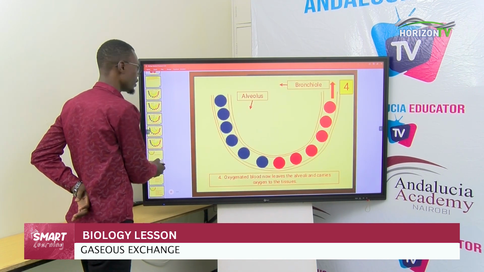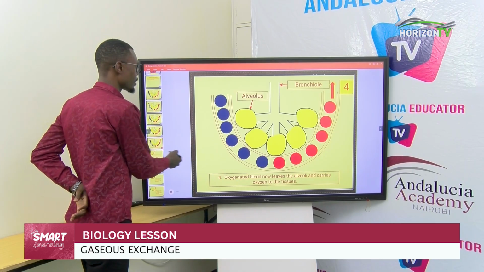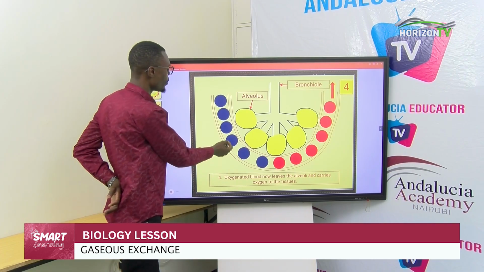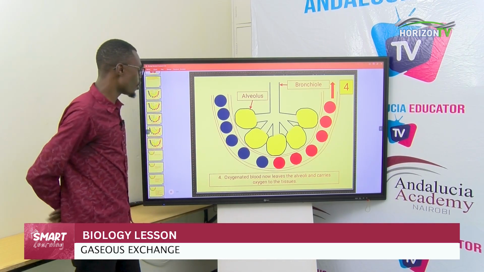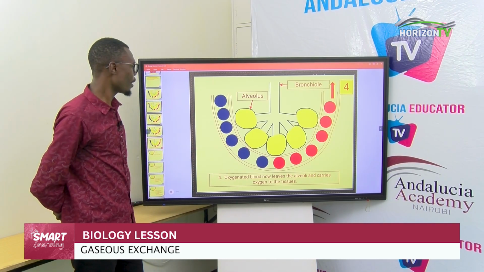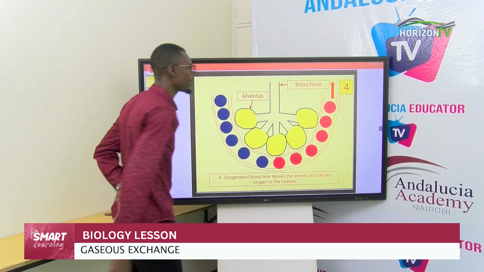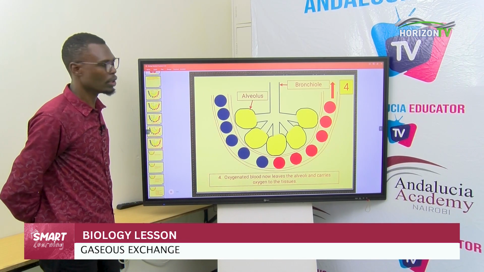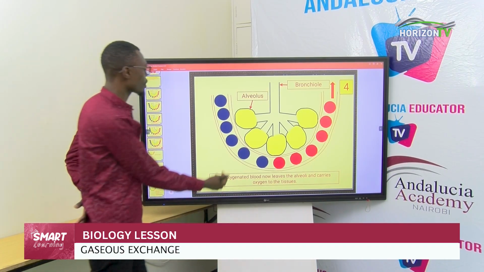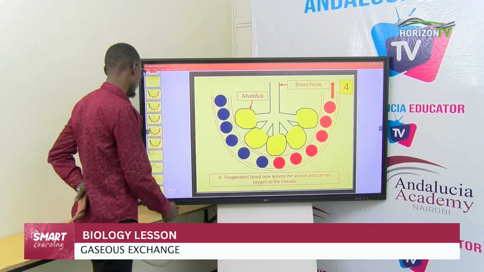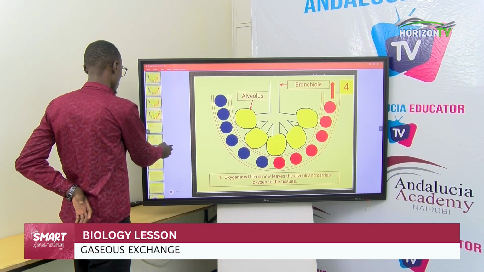So the way I've indicated, this is the alveolus, the bronchioles, then this is the blood with no oxygen. Then it picks up oxygen and becomes oxygenated blood, while the carbon dioxide, which is here, will diffuse back to the alveoli.